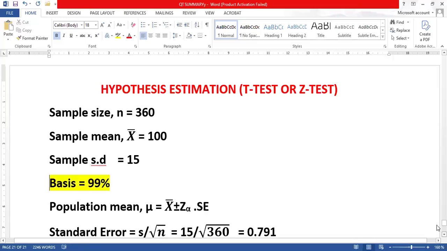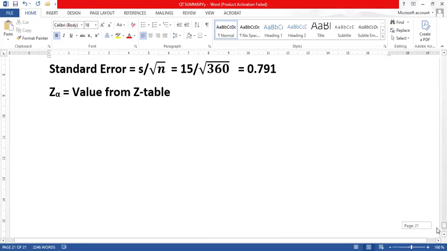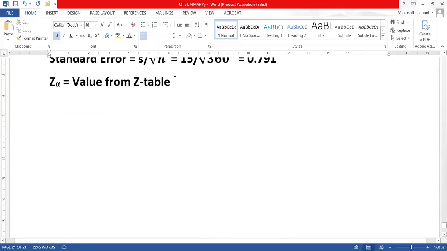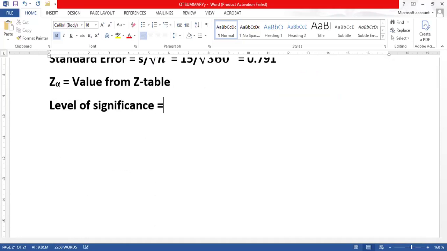I remember, as I said, we deal with level of significance. We don't deal with confidence level. We deal with level of significance, the percentage error. So the percentage error is 1%, which is the same as 0.01.